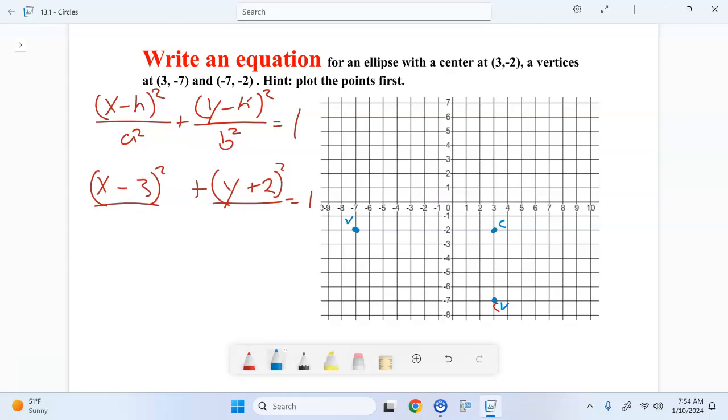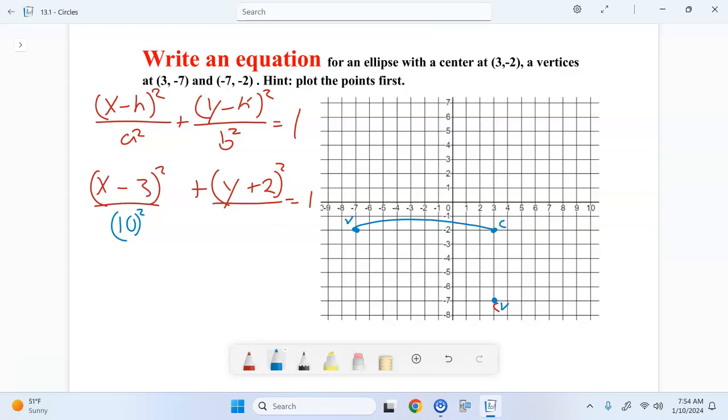All right, any ideas for a? How'd you get 10? Counted from where to where? Vertice to center. That's 10 units away. So, A is 10 squared.